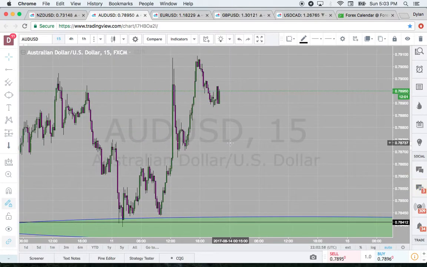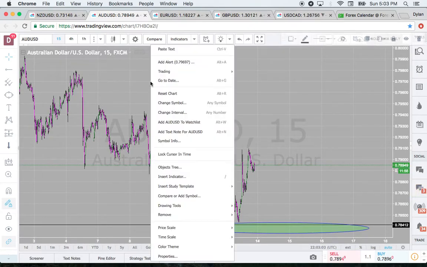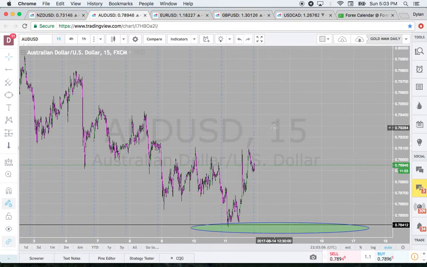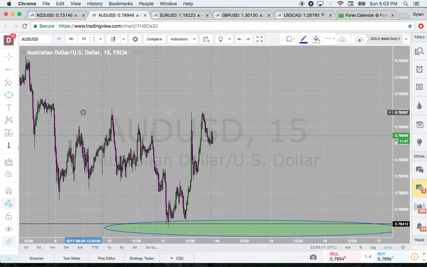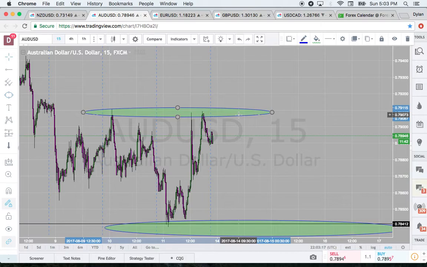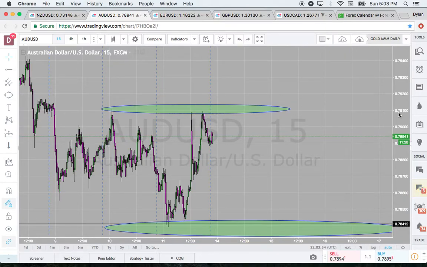Let's go to the micro 15-minute chart, just looking at the structure and the highs and the lows of the day. Now we can see there's an obvious structure here of a previous high, the high of the previous day, at 0.791.